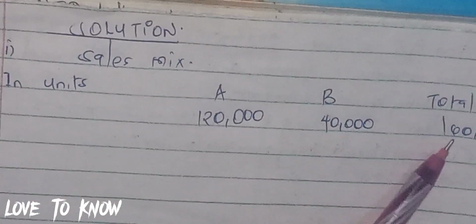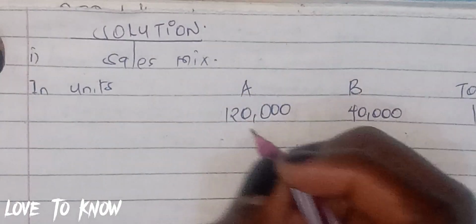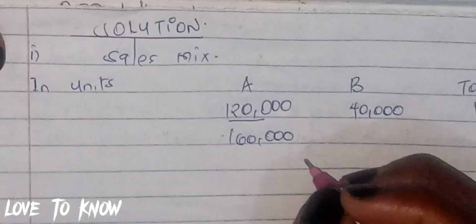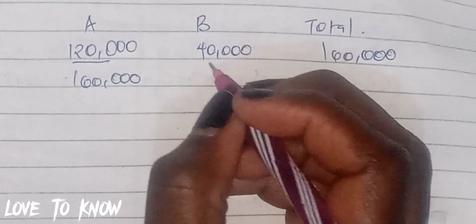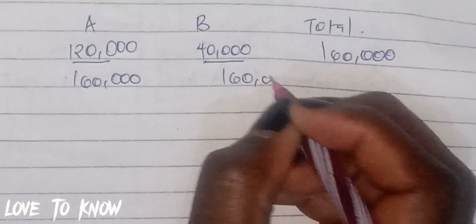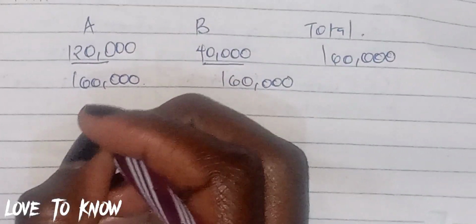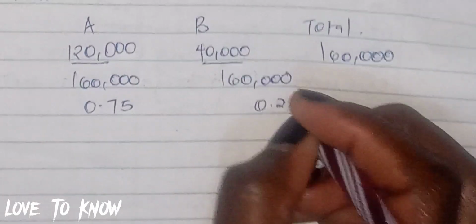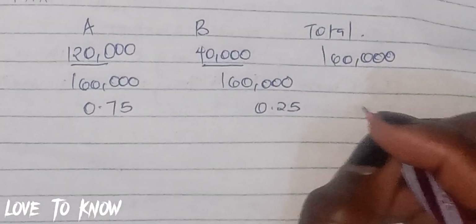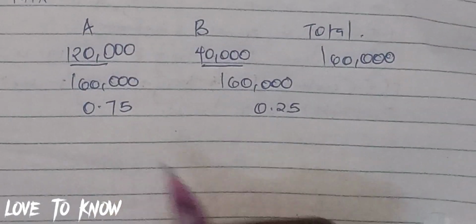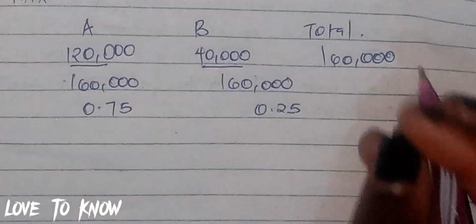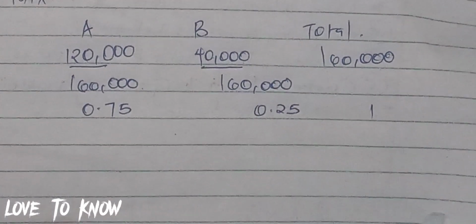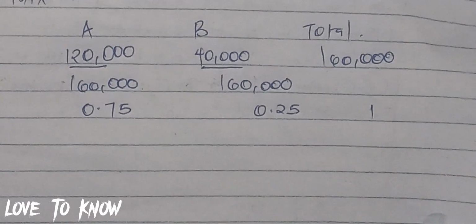So it's 120,000 divided by 160,000, also 40,000 divided by 160,000. The first one gives us 0.75 and the second one gives us 0.25. This sales mix should amount to 1. If you add 0.75 to 0.25, this gives us a total of 1. This is the sales mix in units of each product.